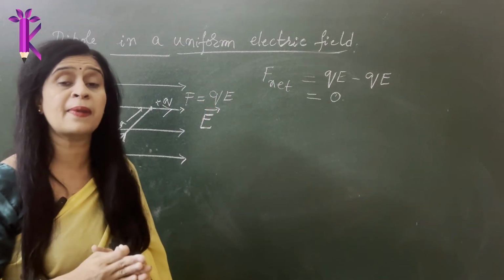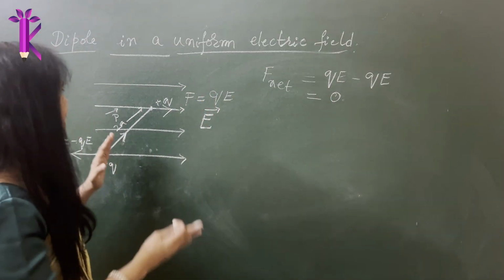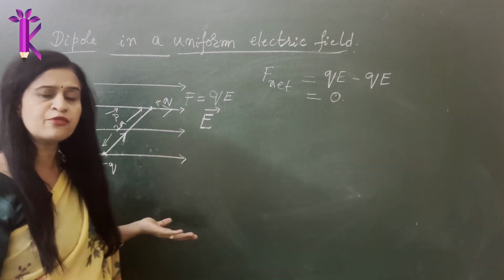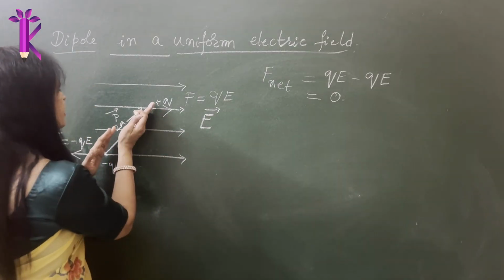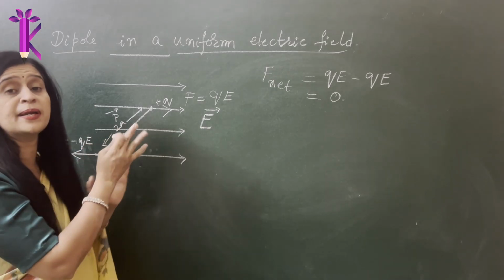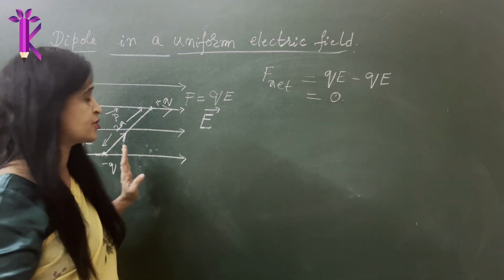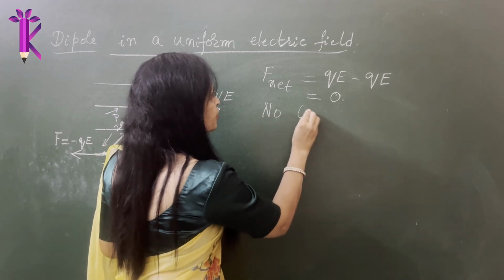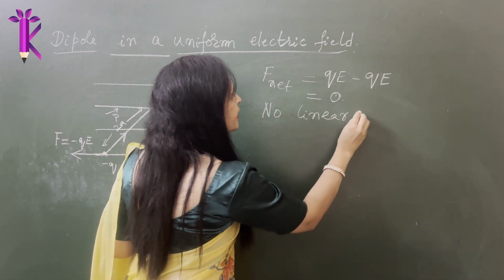What does that imply? Conceptually, will there be any displacement of the dipole? No, because the net force acting on the dipole is 0. So the dipole stays in a state of equilibrium. It will not move away from its position linearly. So there is absolutely no linear motion.